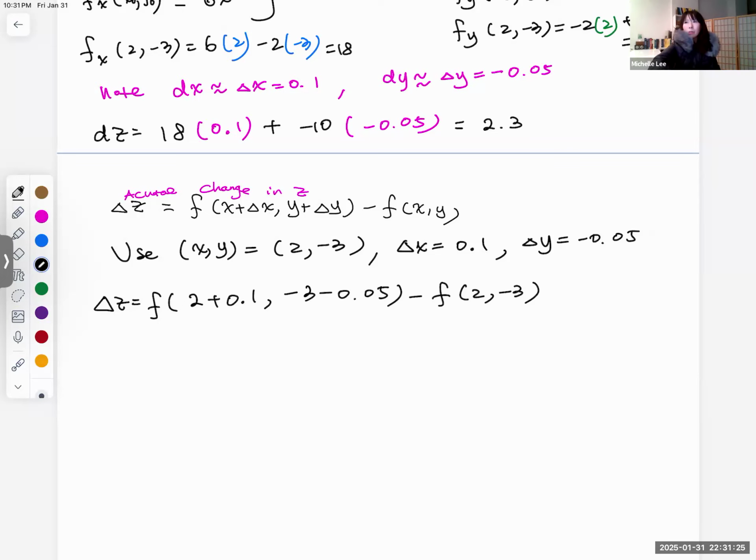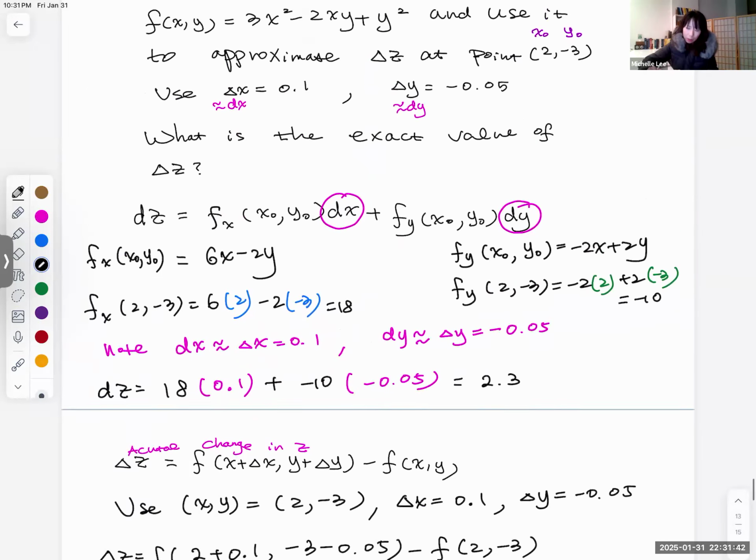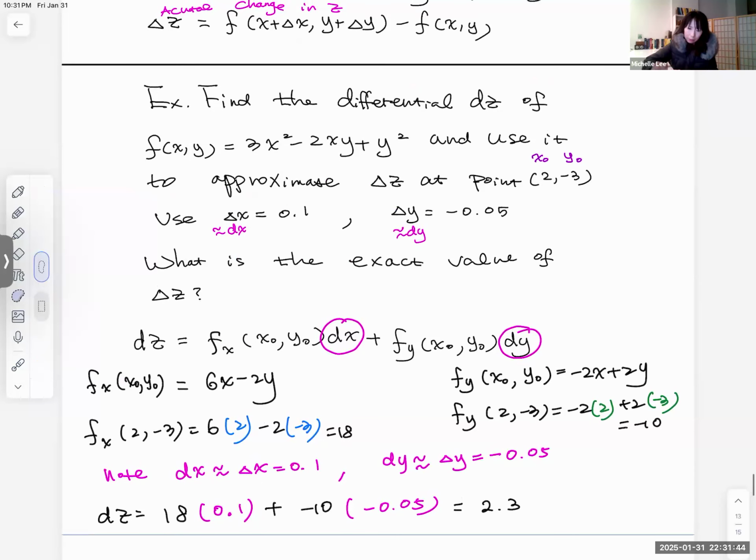Let's just substitute and evaluate. So that is f of 2.1 and negative 3.05 minus f of 2, negative 3, right? We have the function f of x, y equal to that.